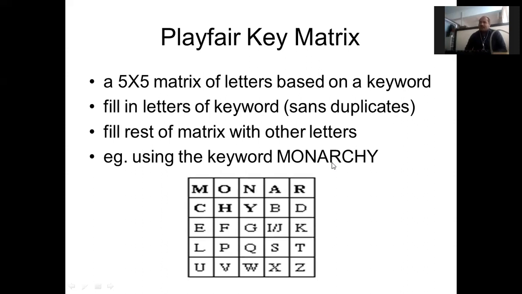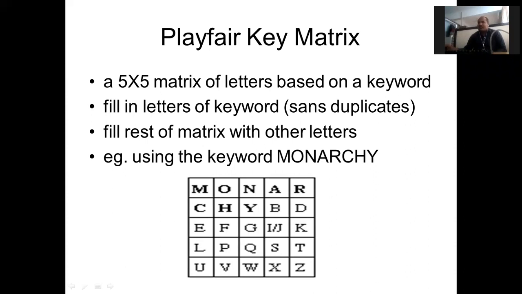Now, what about the remaining places in this matrix? You can start with the character A, going from A to Z. The A is already covered in the keyword monarchy, so we cannot write the A here. So you go for the B. Whether the B is written here?